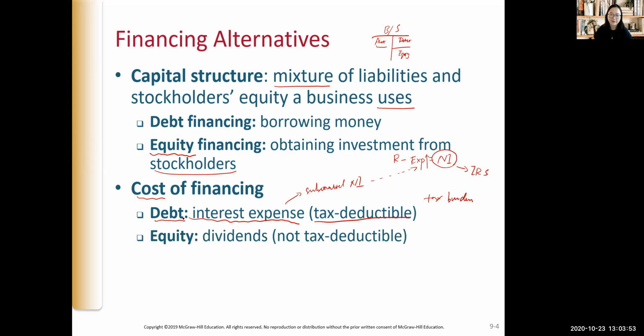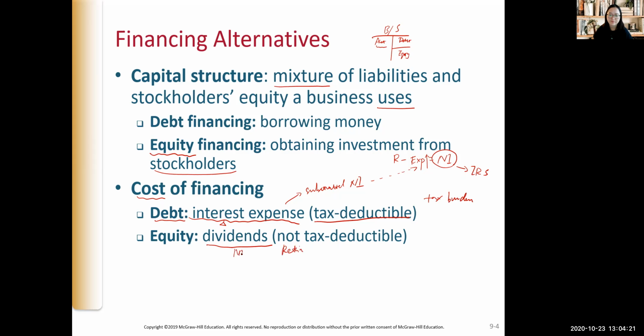And equity, on the other hand, does not enjoy such great benefits, because with equity you have a fiduciary duty to give money back to the investors as dividends, right? However, dividends are after tax. Remember, we call it retained earnings.